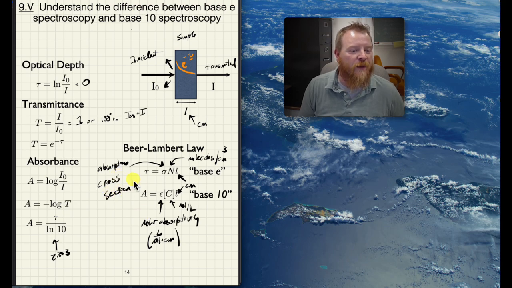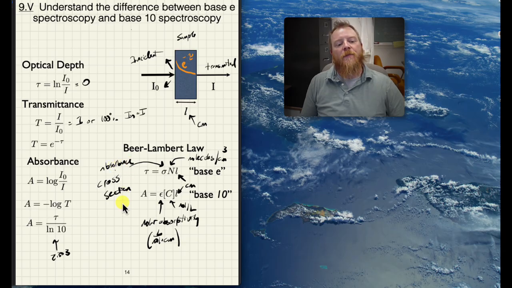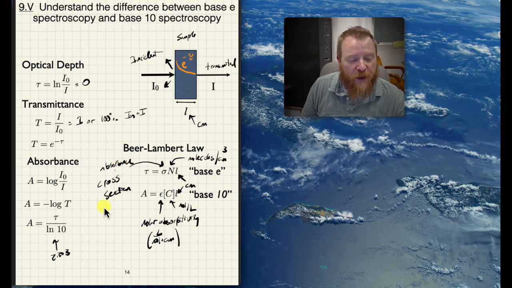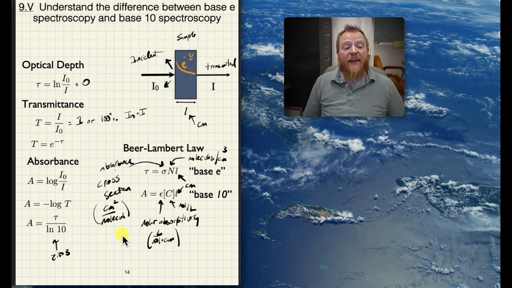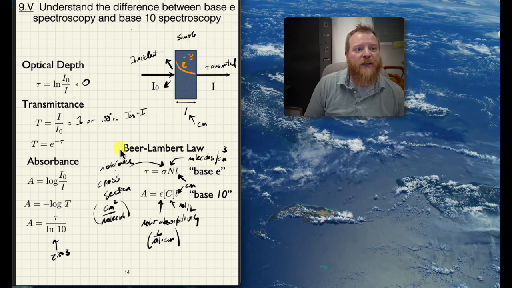I spelled that wrong. It's a B, not a P. Absorbance cross section. Okay, and so if we go through and do the units, you'll notice then that that has to be square centimeter per molecule. So we really can think of it as this cross section, right?